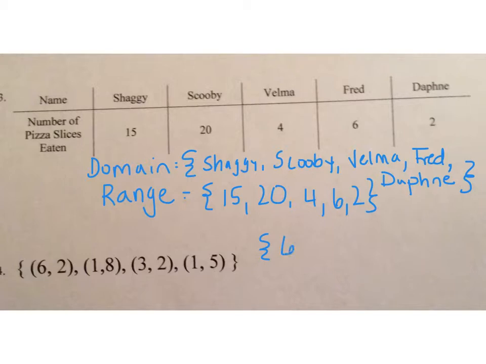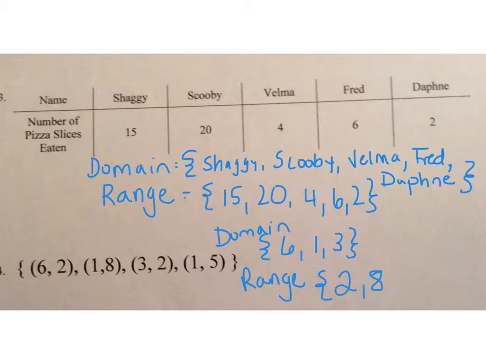So {6, 1, 3} is the domain. And the range is 2, 8, 2, but I don't have to write 2 twice, 5. So the range is {2, 8, 5}.